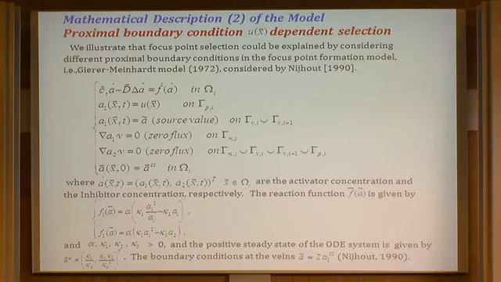And the reaction function here is the Gierer-Meinhardt system. We solve the positive steady state of the ODE, which is given by this value. And the boundary condition at the veins, A tilde, is like this.